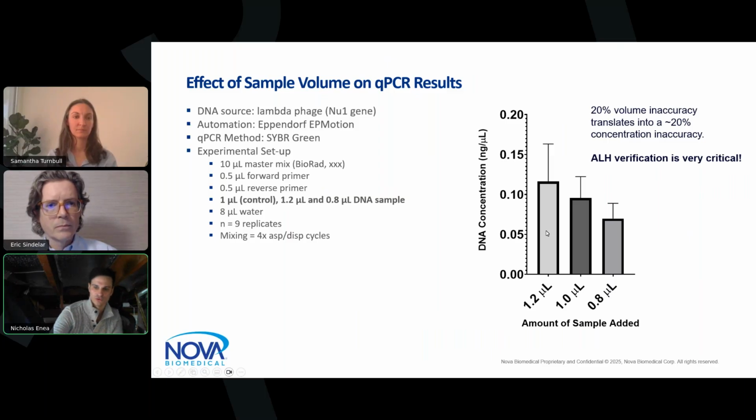So if you're 0.2 high or 0.2 low, which doesn't seem like a lot at 1 microliter, 1.2 versus 0.8, it had drastic effects on the inaccuracy of volume and drastic effects on the actual qPCR assay in general. So once again, I'm hammering the point here as to why you need to optimize these liquid classes and continually reassess them and make sure that liquid handler is delivering what you think it's delivering as well.